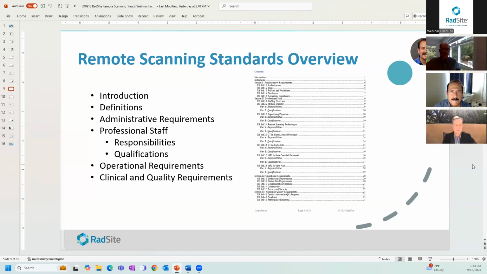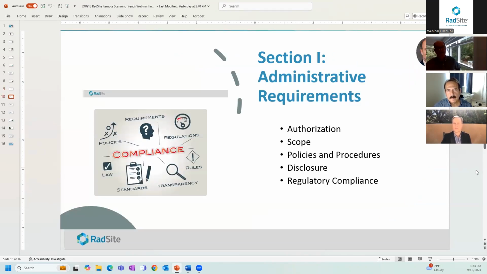But the work group in the standards committee also spent a lot of time talking about what it means, beyond the 510(k) FDA approval, to have an operational framework that works, and a clinical and quality platform where, for example, caseloads are appropriate and things like that. So we're excited about being able to share that with you in a minute.